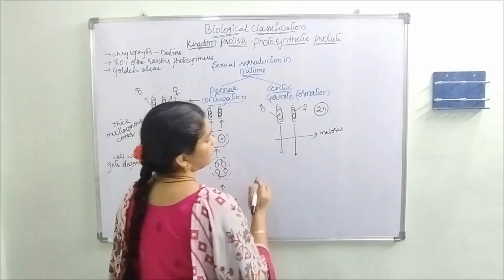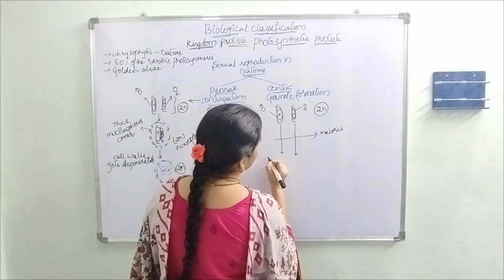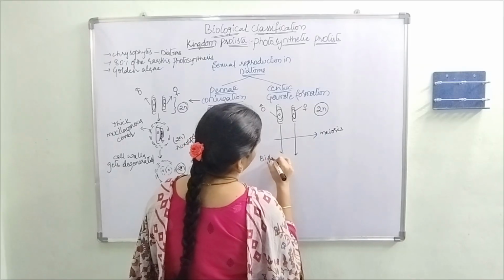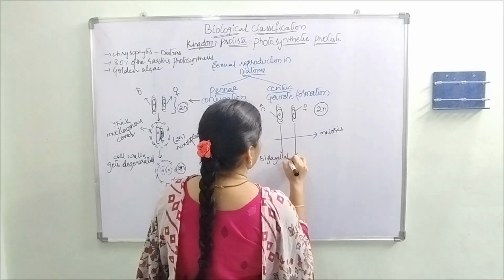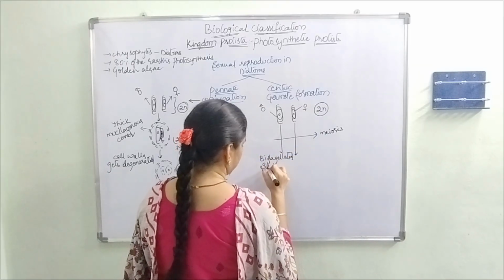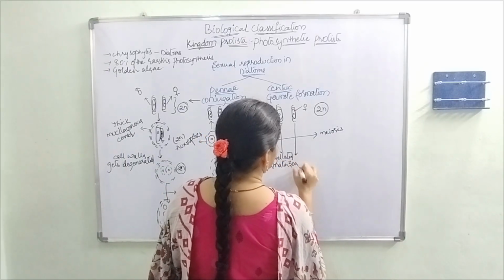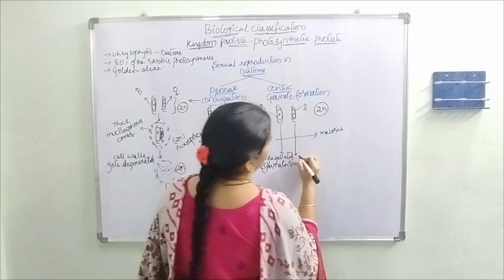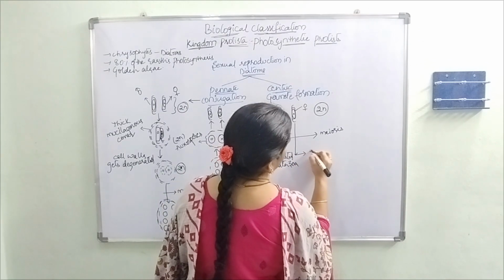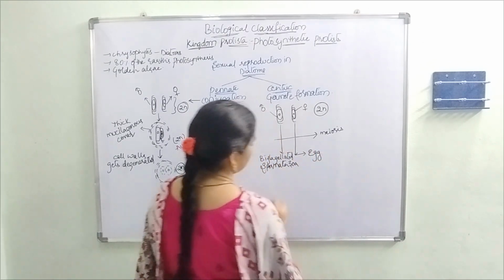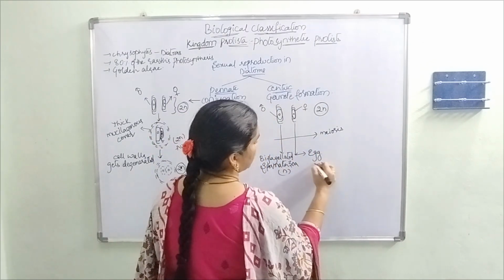The male yields gametes such as biflagellated spermatozoa, and the female yields a single egg. These are in haploid condition.